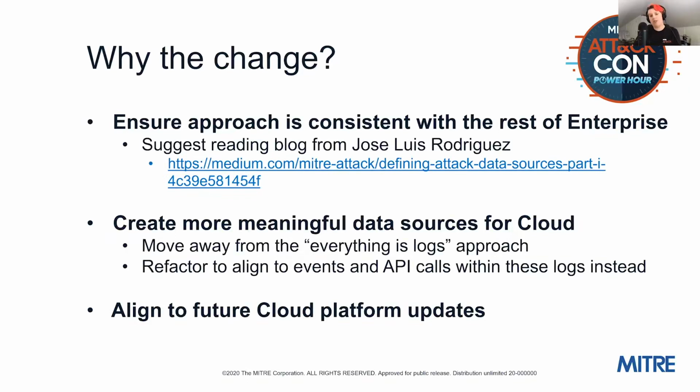So we want to refactor to align to events and API calls instead. And also we want to ensure that our data sources approach is consistent with that plan for consolidating AWS, Azure, and GCP into infrastructure as a service as a platform. We're hoping to make the data sources and data components general enough across the cloud service providers that they're usable across all.